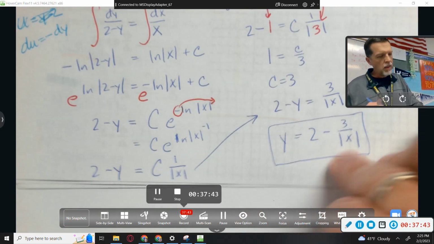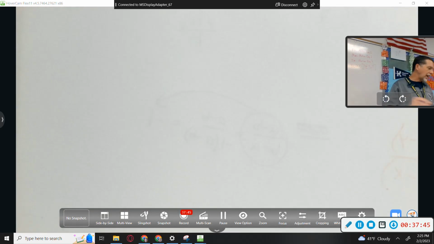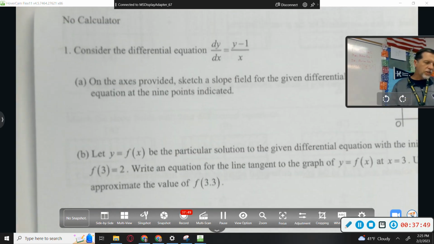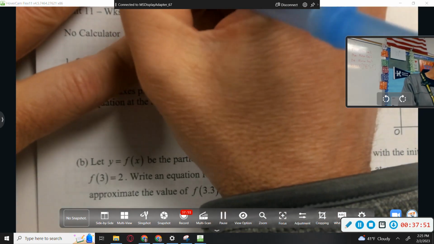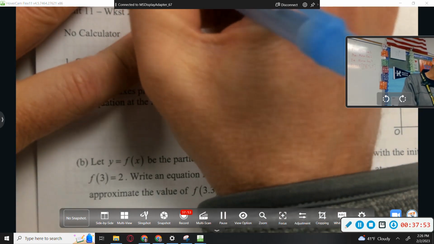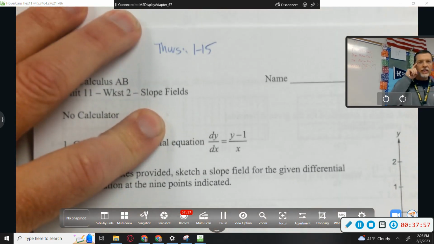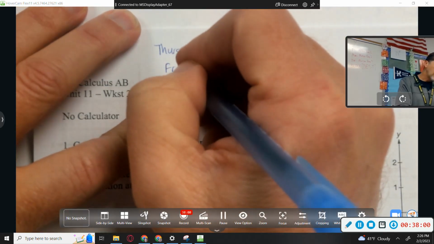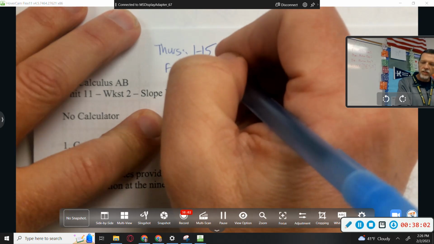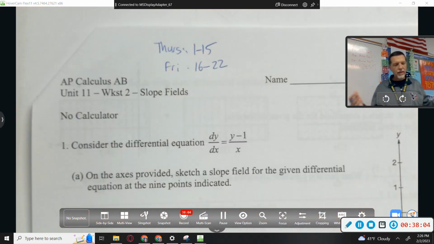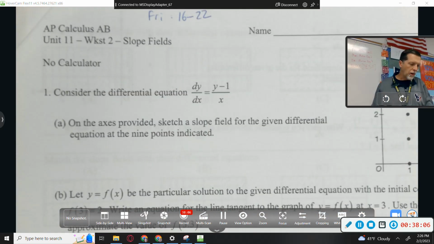All right, the assignment today, or tomorrow, or whenever: worksheet 2. Here's how I suggest you break it up. You break it up however you want. I say today is 1 through 15, and tomorrow is the rest of them, 16 through 22. But you do them however you would like to do them.